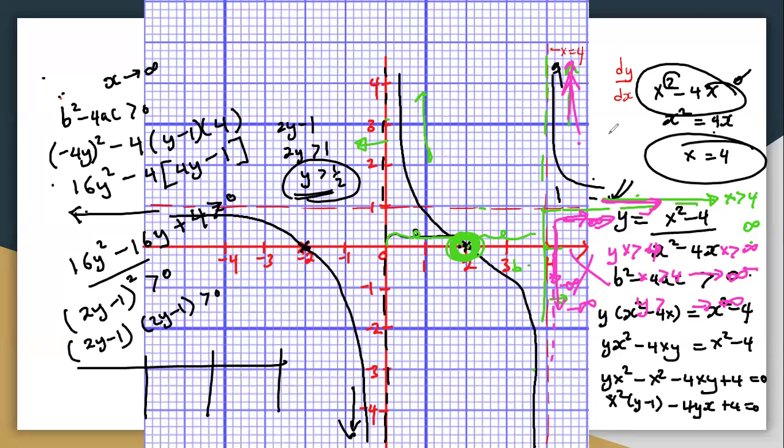Now one, it will depend whether you have a region of restriction or you don't have. Secondly, it will depend on the positioning of the intercepts. How are the intercepts positioned? And then three, it will depend on the vertical asymptotes you have. I repeat, it will depend on the vertical asymptotes you have.